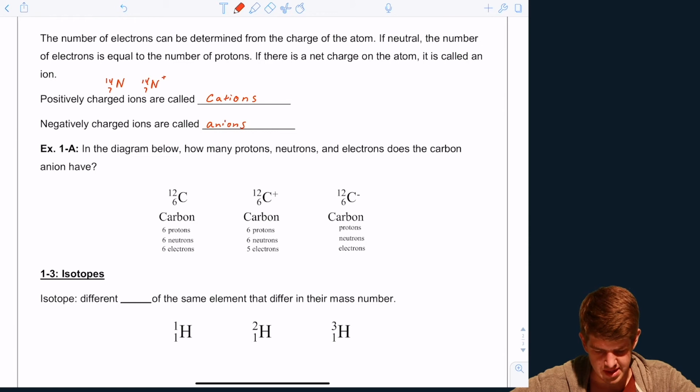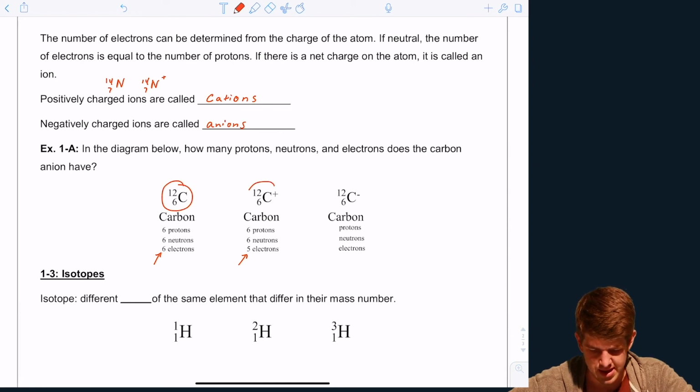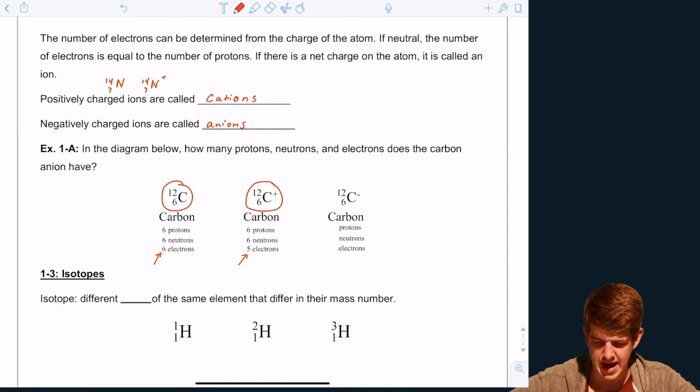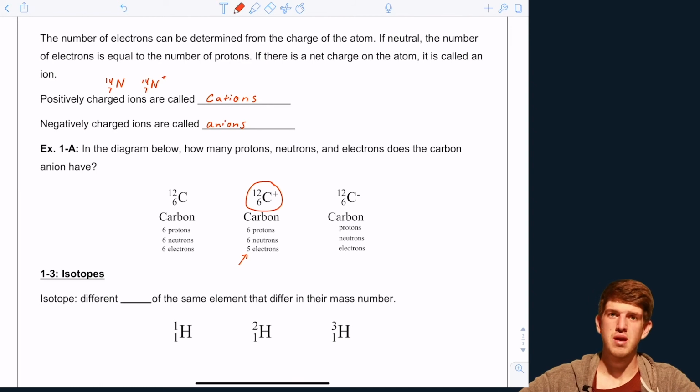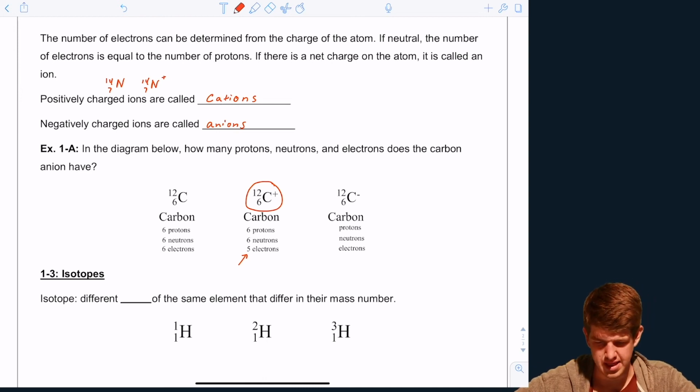They were nice enough to give us the numbers for both this neutral carbon and this positively charged carbon cation. As you can see here, carbon that's neutral has 6 protons and 6 electrons. That makes perfect sense. If I'm neutral, the positives and the negatives cancel out. 6 plus, 6 minus come together, and the overall charge is 0. Now, how does carbon become positive?